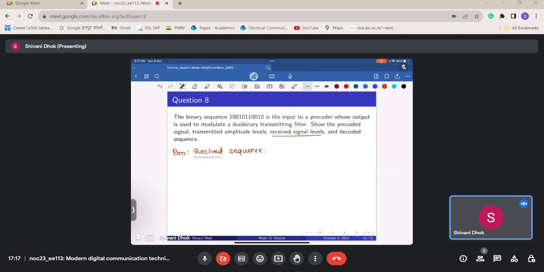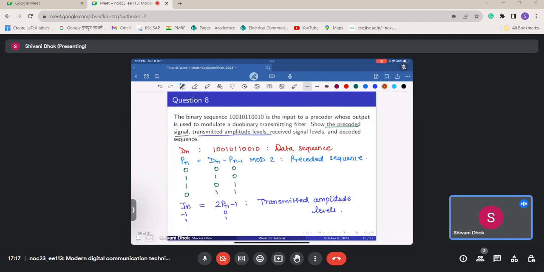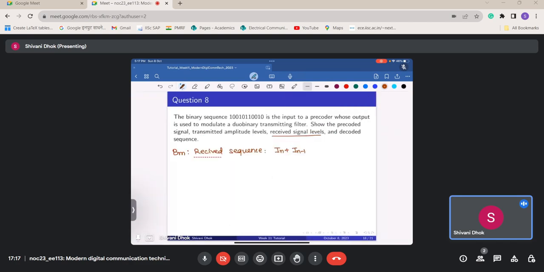And this received sequence is given as In plus In minus 1. So this is your received sequence. That is, you will go on adding the consecutive, like current and the previous transmitted amplitude levels, like that you will transmit.